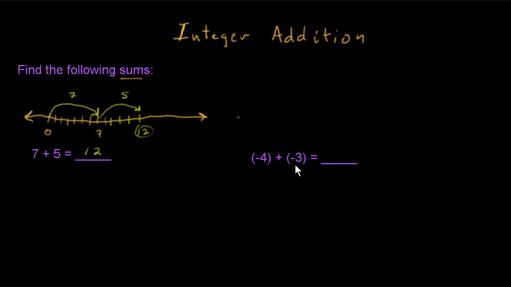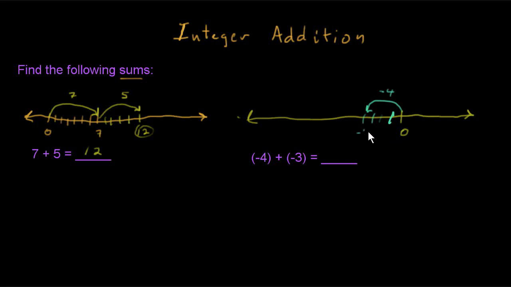But let's do this now with a couple of negative numbers. Once again, we'll draw a number line. When we see a negative number, we'll go to the left in the negative direction. So we'll start out at 0 again. Every time we'll start out at 0. First we're going to move 4 units to the left because it says negative 4.